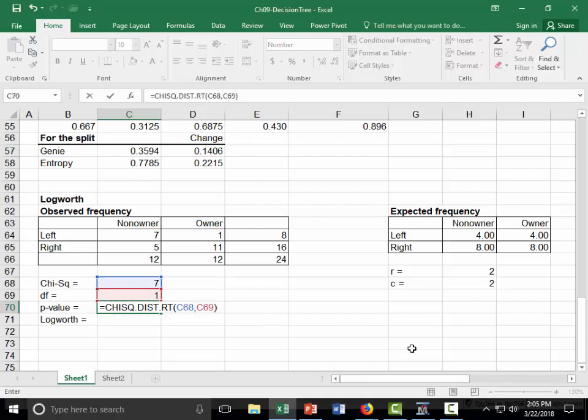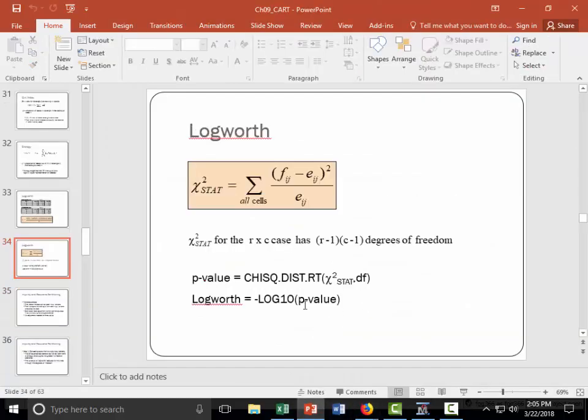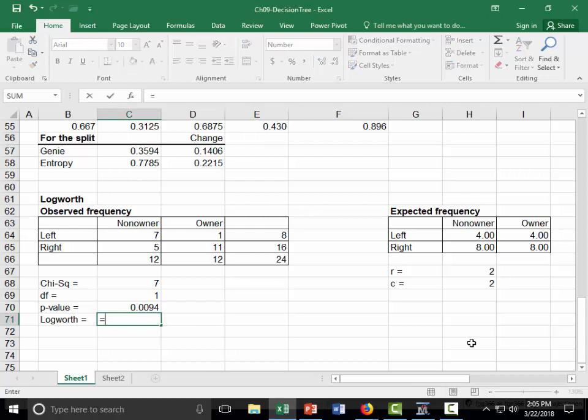So this will give us the p-value for the split. Now the log-worth is the negative of the log of p. Here it is, log of p to the base 10, so we get negative log of p to the base 10. So that is the log worth.